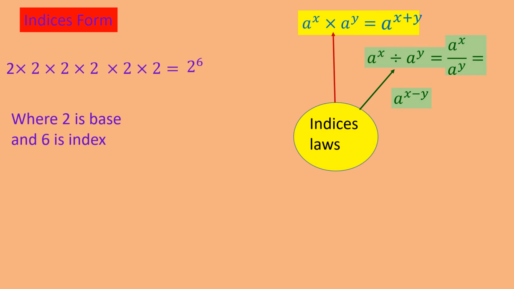Here you may get a negative or positive answer, depending on which of x and y is greater. If x is greater than y, then a raised to x minus y, and if y is greater than x, then we write 1 upon a raised to y minus x. In both cases you will get a positive index.